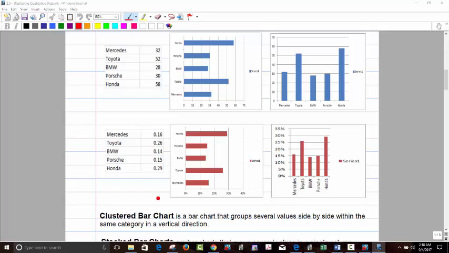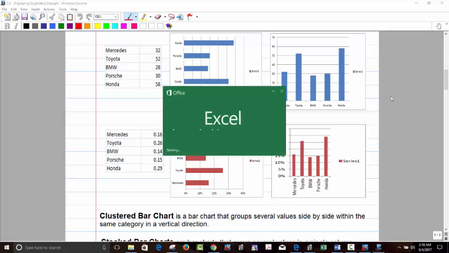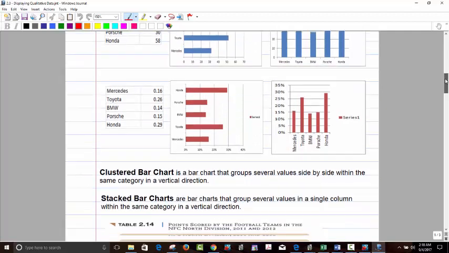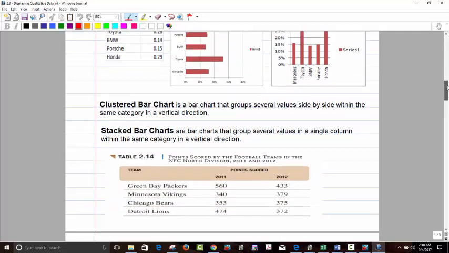I could try to bring up one here. Let's see. In the meantime, I'll jump down here. We have something that's called a cluster bar chart. It's a bar chart that groups several values side by side within the same category in a vertical direction.